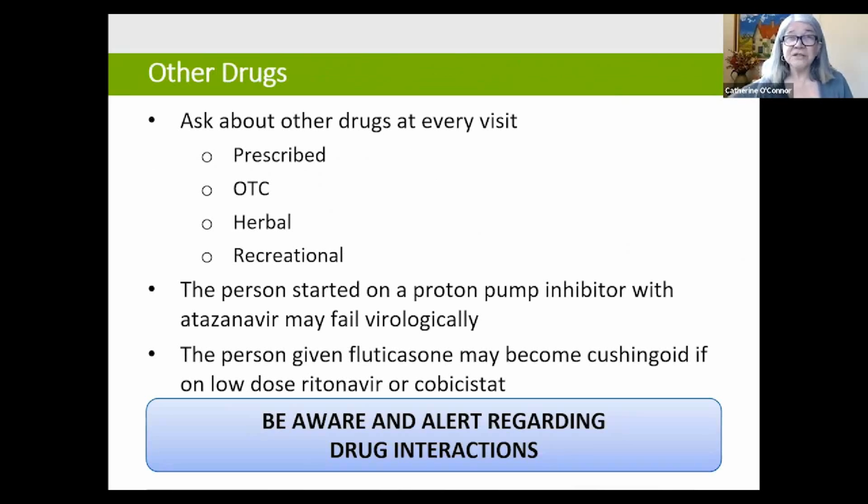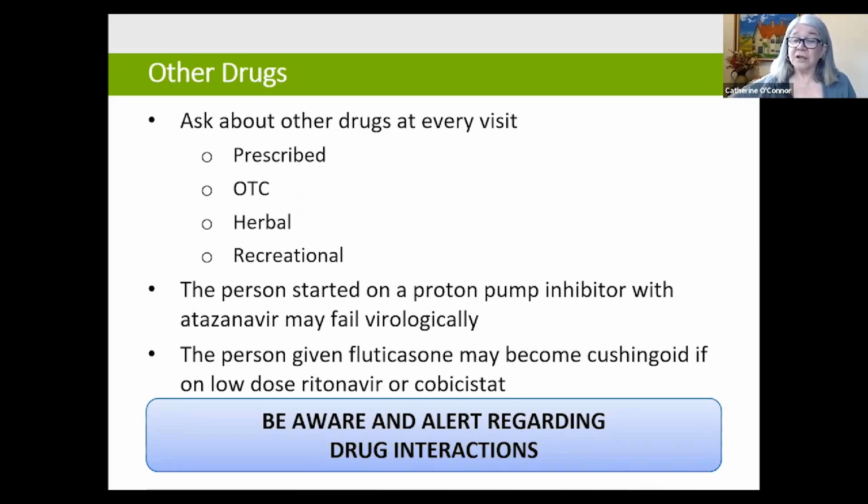We also need to ask patients at every visit what drugs they're taking. So prescribed drugs, over-the-counter medication, herbal medication, and recreational drug use. We need to be mindful that proton pump inhibitors can interact with atazanavir and cause virological failure.